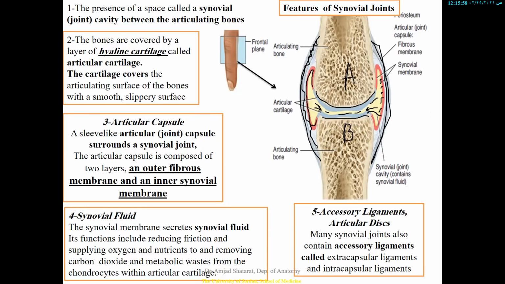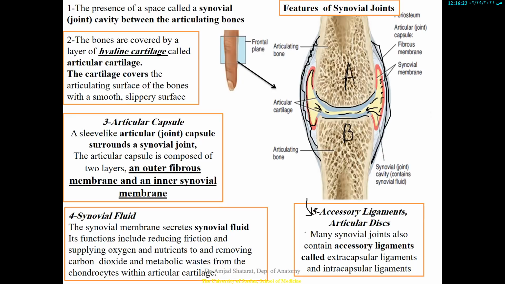So those are the main features. We will talk about the ligaments as we reach the hip, the shoulder, elbow and wrist joints. I will elaborate more on these accessory ligaments, articular disc, and so on.